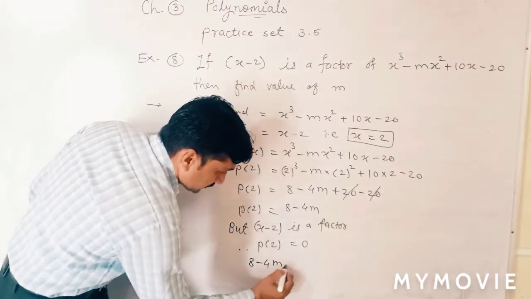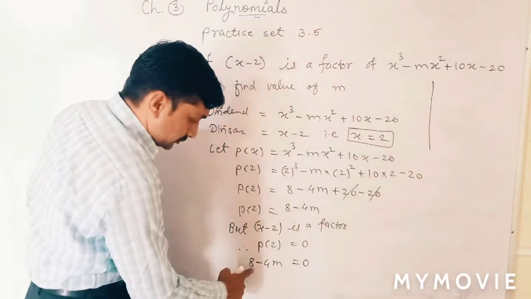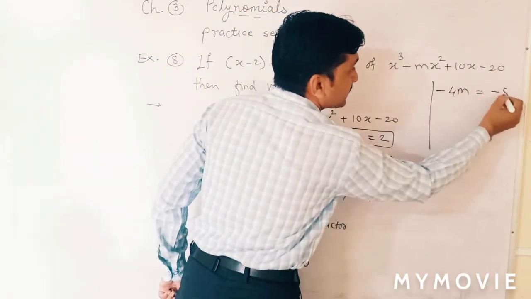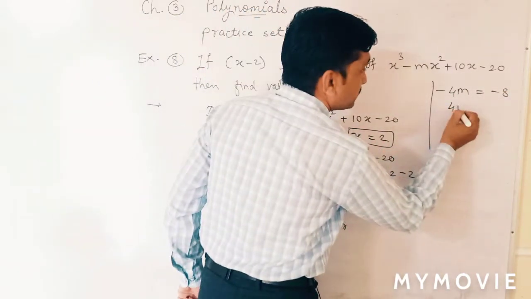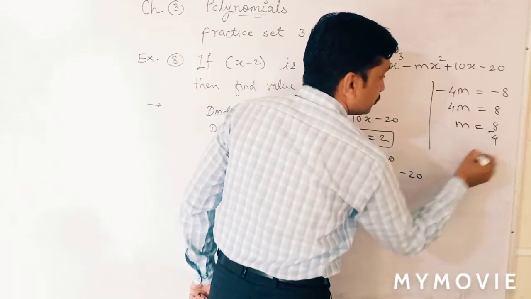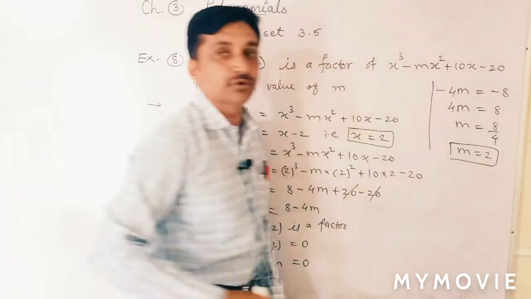Minus 4m is equal to minus 8. 4m is equal to 8. m is equal to 8 upon 4, and therefore we get the value of m: m is equal to 2.